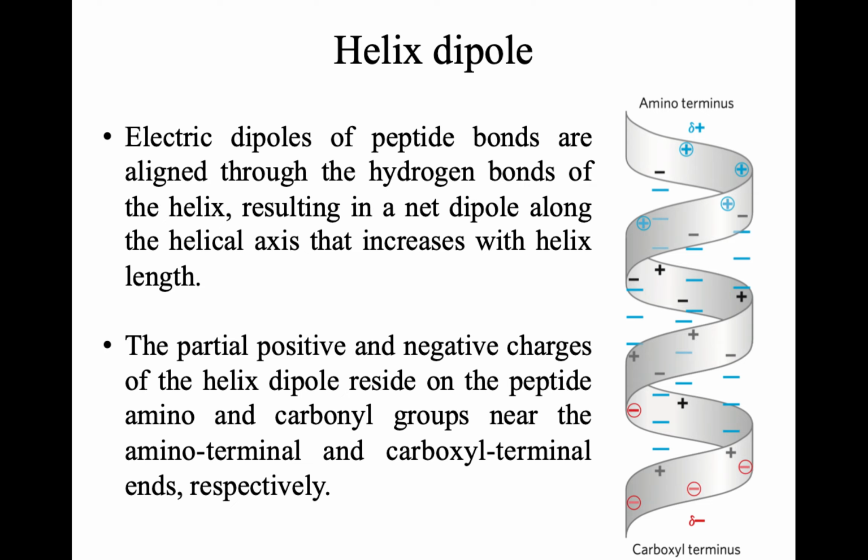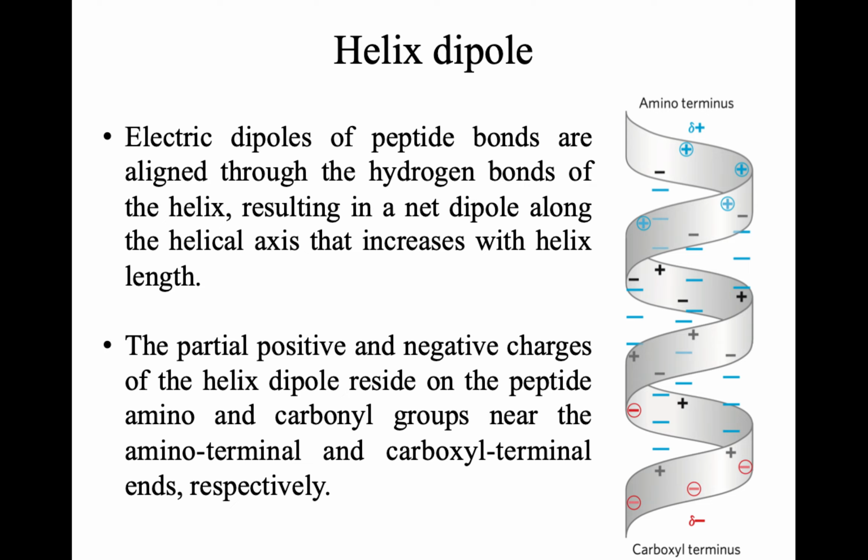This increases with helix length, so throughout the length of the helix it creates a net dipole. The partial positive and negative charges of the helix dipole reside in the peptide amino and carbonyl groups near the amino terminus and the carboxyl terminus ends, respectively.